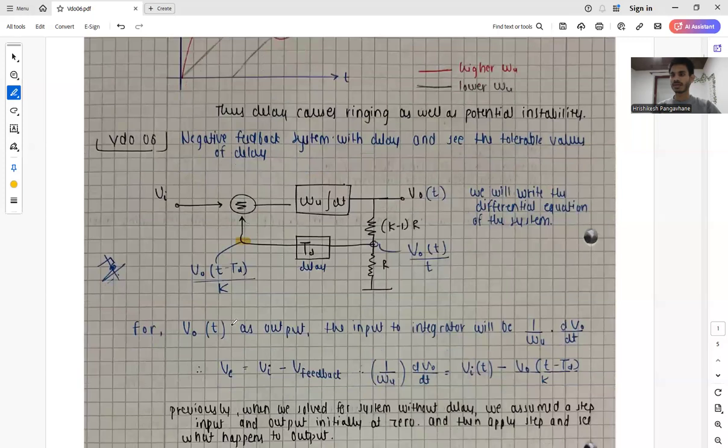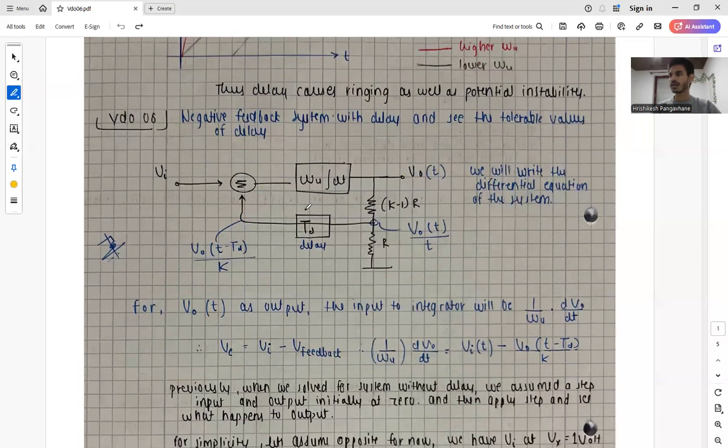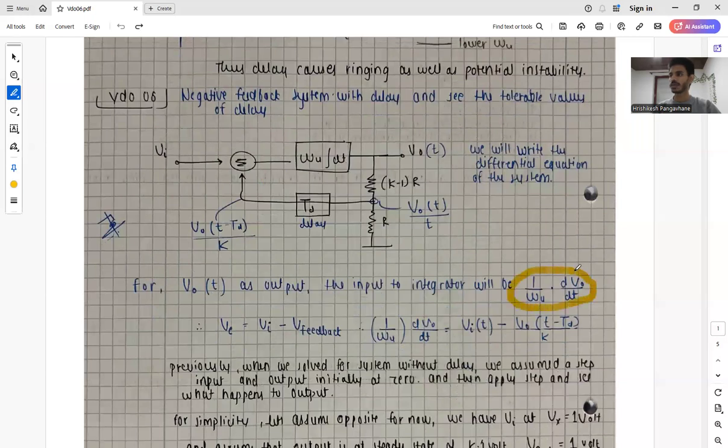If we consider v naught of t as the output, then the input of the integrator will be nothing but 1 by omega u times dv naught by dt. And from the difference maker, the input VE of the integrator is VI minus V feedback, and we have the value of the feedback. So putting all the values together, we arrive at this equation.